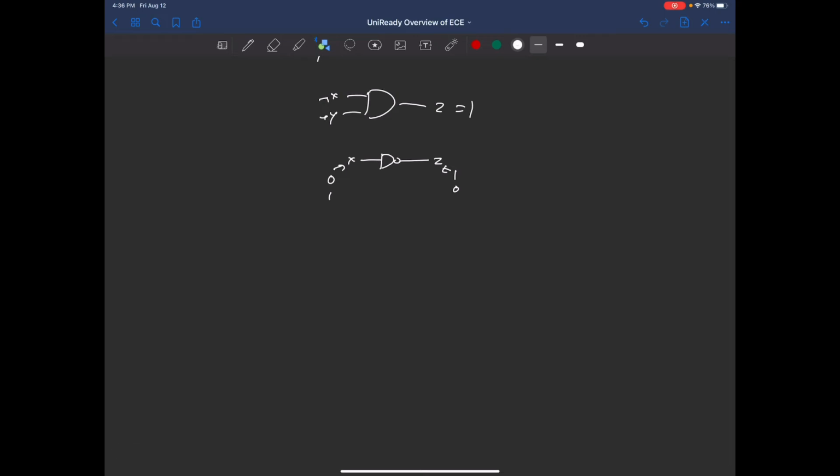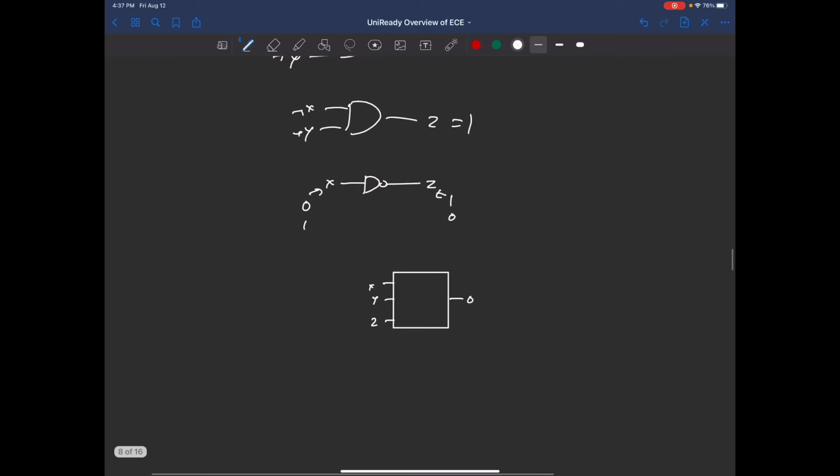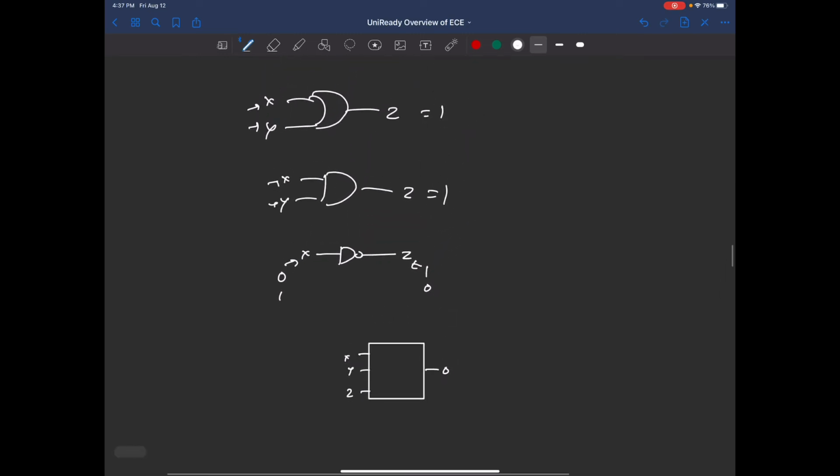So by function, I mean, let's say you have a box, right? And since computers can only understand binary, so it's either on or off, either 1 or 0, you need to have every single input as a binary. Let's say you have 3 inputs, X, Y, Z, but as we will see later, it doesn't really matter how many inputs you have. And let's say you have the output O, right? I'm actually going to show you some symbols to represent these logic gates that we use in equations.